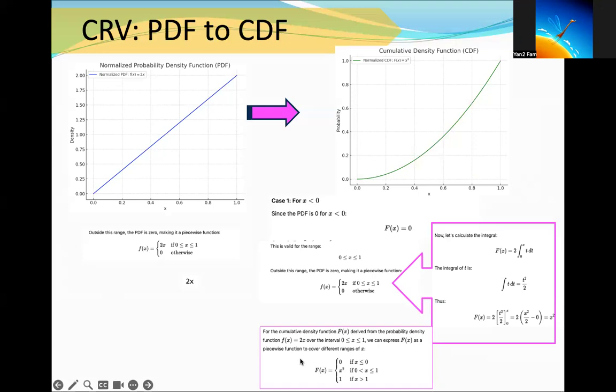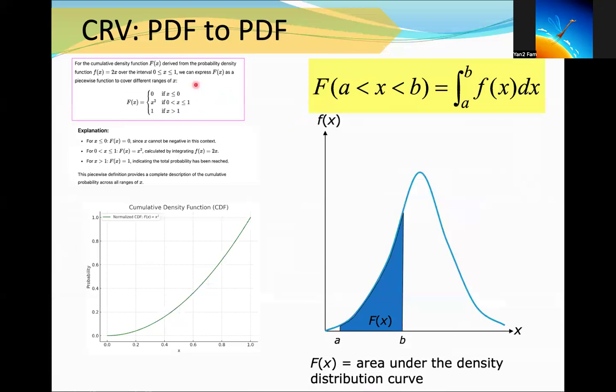So my cumulative distribution function overall is the big capital F equals: if x is smaller than 0, it's 0; if x is between 0 and 1, then x to the power of 2; if x is bigger than 1, it equals 1. Okay?